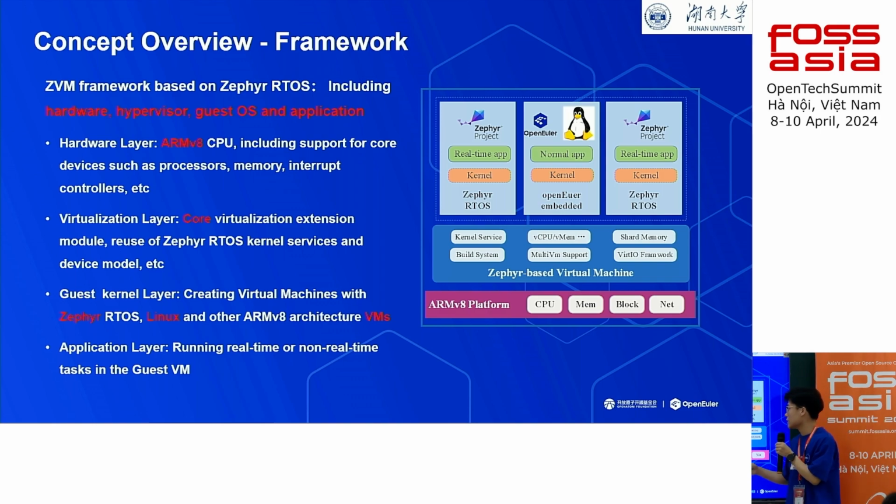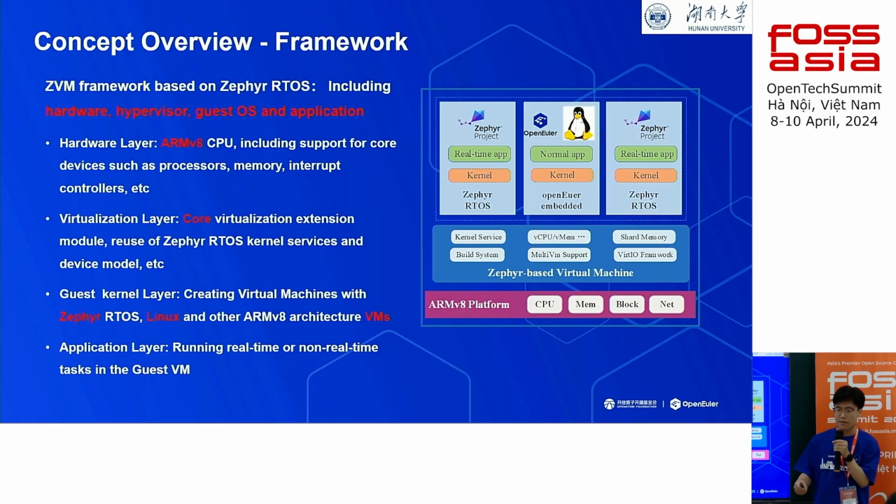The virtualization layer is about the core virtualization extension modules like vCPU, vMemory, and vDevice, and the VirtIO framework, shared memory, or other functions. ZVM reuses the Zephyr RTOS kernel and its modules and other functions.